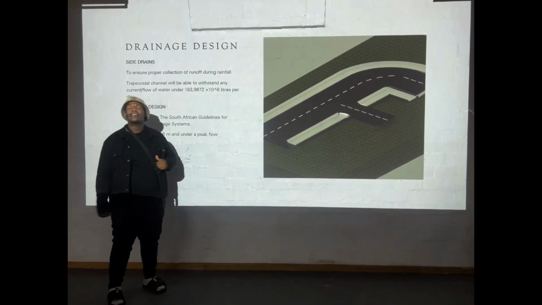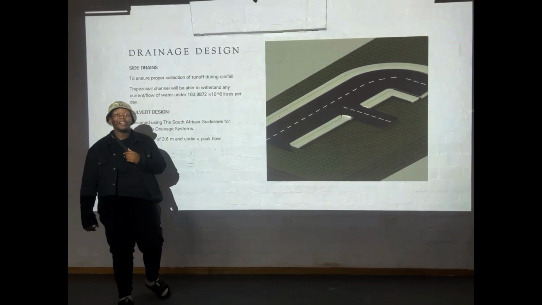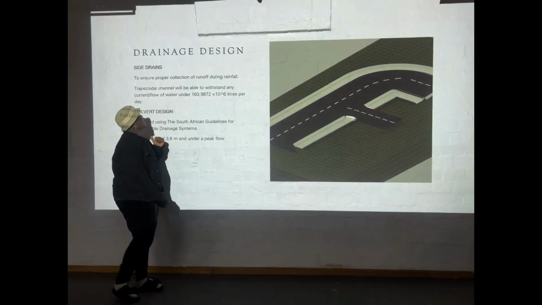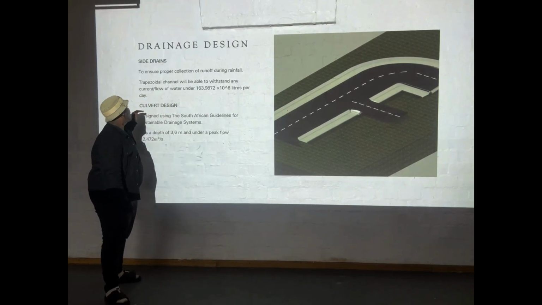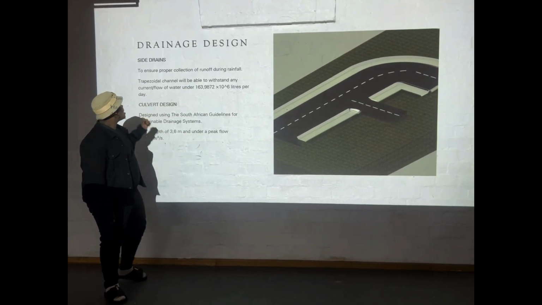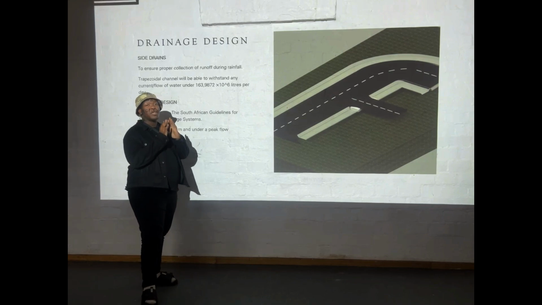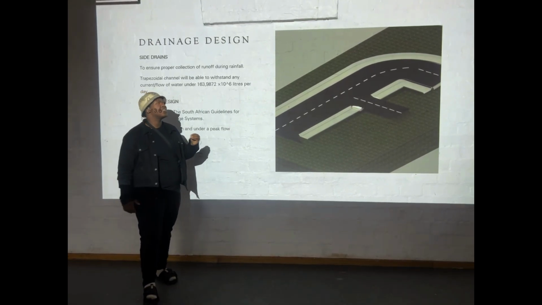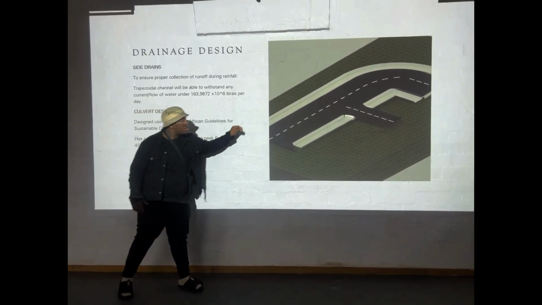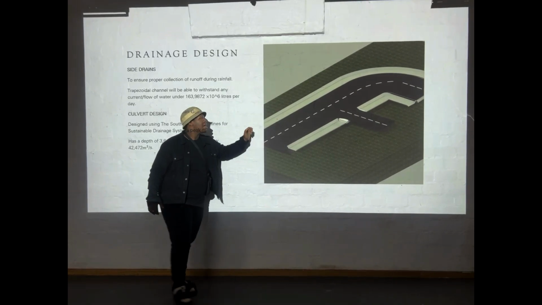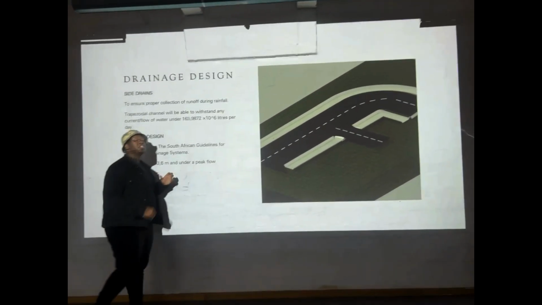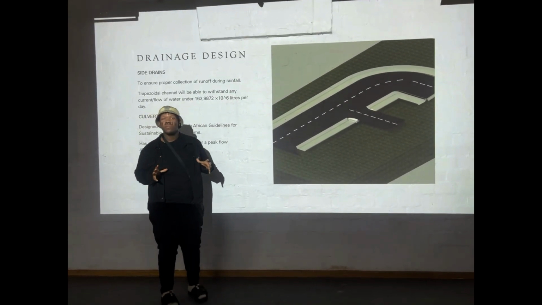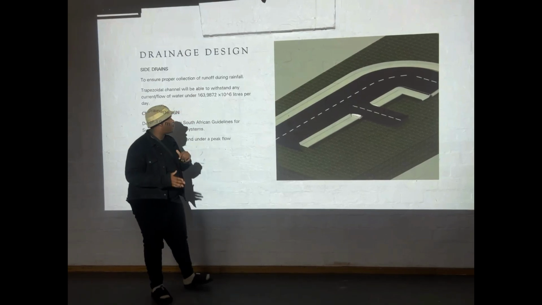Drainage design is separated into different aspects. We have your side drains, which is the miniature of our culvert design. In side drains, we use it to ensure that the water that comes onto the pavement has a direct flow under drainage systems, unlike the culvert design, which is based on a catchment basin system.